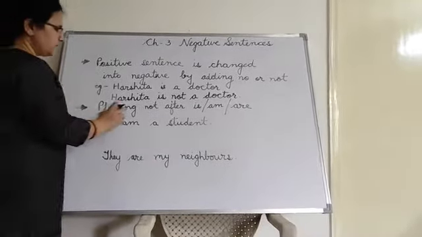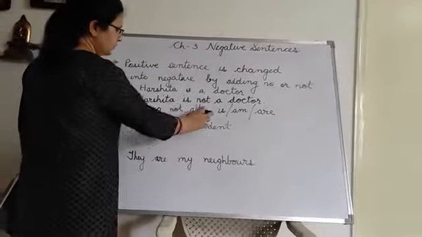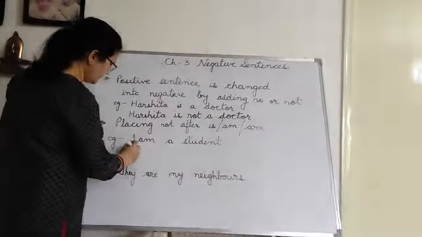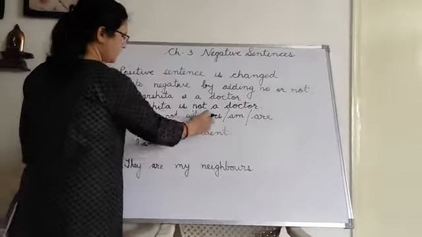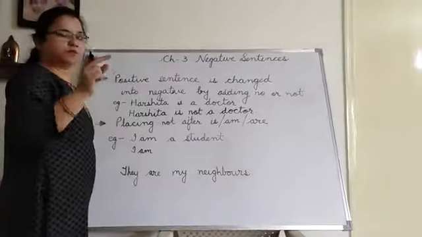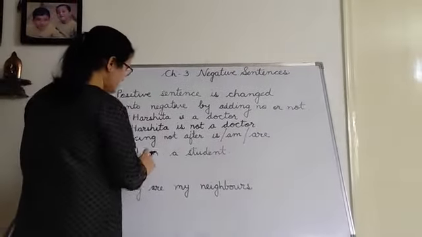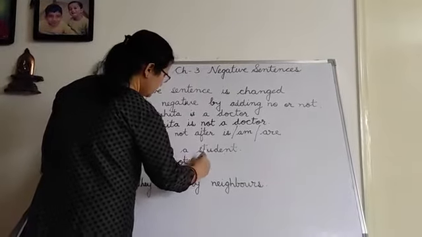Now let's see another example. I am a student. So where will you place not to make it negative? After am. See, this sentence has am. After is, am, are you will place not and it will be changed into negative. I am a student. I am not a student.